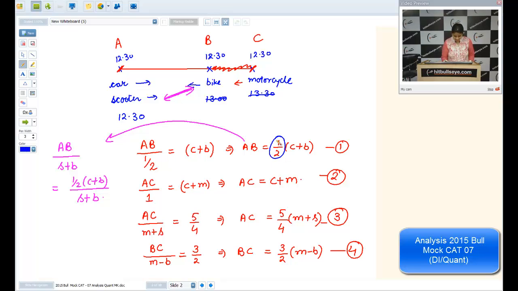Why half? The very first line says the car overtook the scooter at 12:30, then met the bike at 13:00. 12:30 to 13:00 is half an hour. I'm using this formula: distance is equal to speed into time. That is the relative speed, and this is the time taken by them, half an hour. Is it okay, Neha, now?